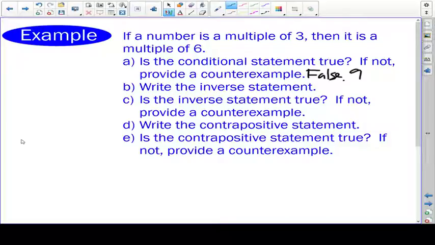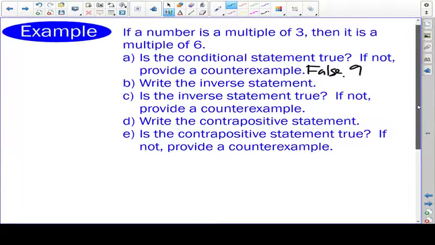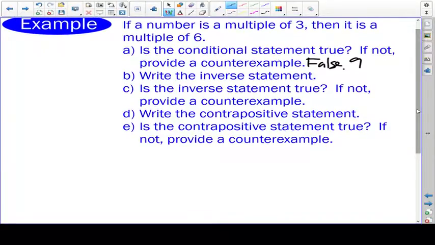Now what we're going to do is write out the inverse, assess its truth, and then we'll do the contrapositive and do the same thing. So the inverse statement would be, if a number is not a multiple of 3, then it's not a multiple of 6.